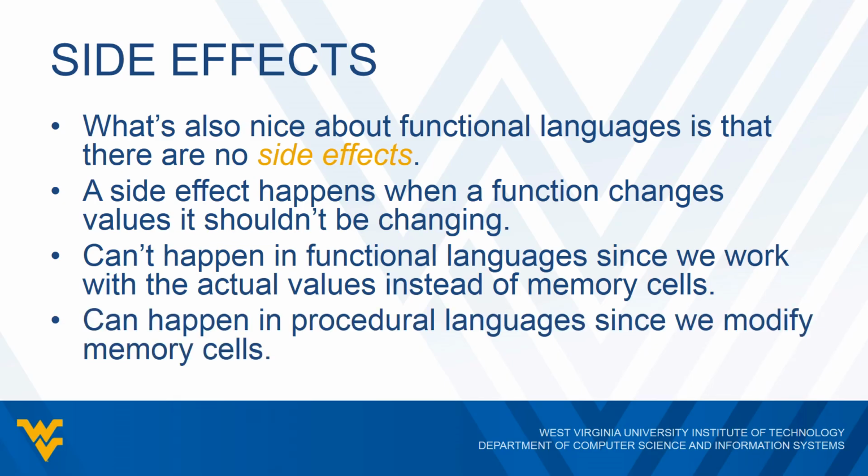In procedural languages, what could happen is we store something in memory, and then some other function, some other operation could change those values in those memory addresses. So we could accidentally or unintentionally change those values. But with functional languages, we're not messing with any memory addresses. If we're given a value, we're modifying that value and we're not modifying any addresses.